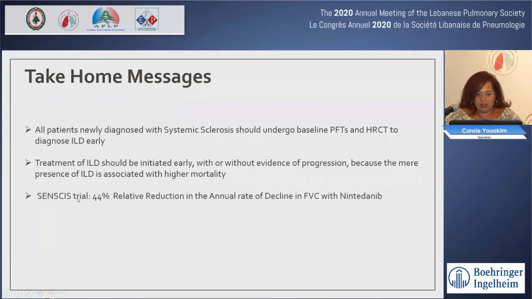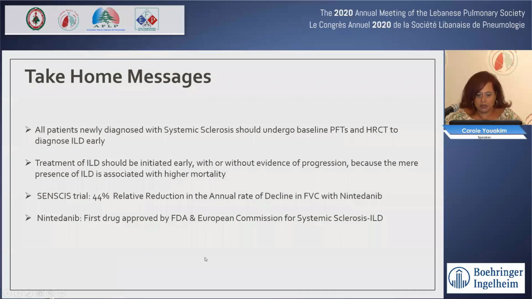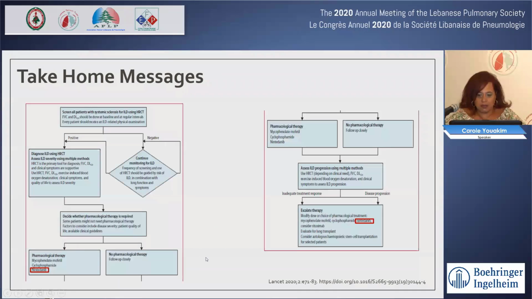And in the SENSCIS trial, 44% relative reduction in the annual rate of decline in FVC with nintedanib. After the results of the SENSCIS trial, nintedanib was the first drug approved by the FDA and the European Commission for systemic sclerosis ILD, either alone or in combination with mycophenolate.